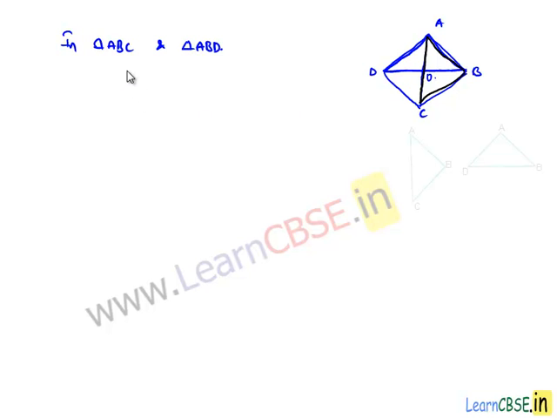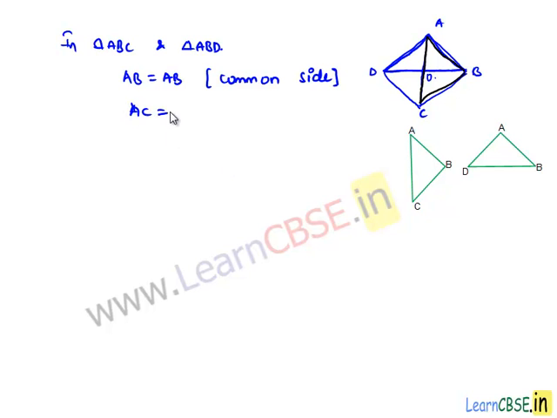AB is equal to AB since it is a common side, and AC is equal to BD since it is given that diagonals are equal, and also BC is equal to AD as we got that ABCD is a rhombus.